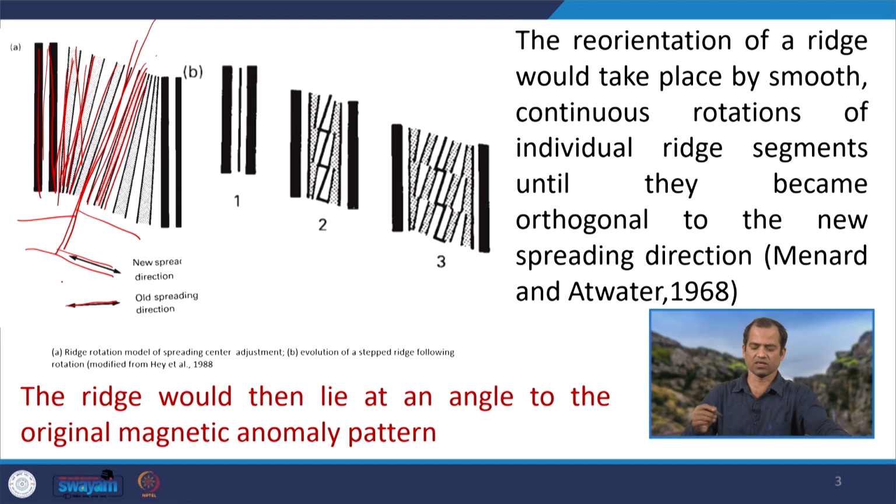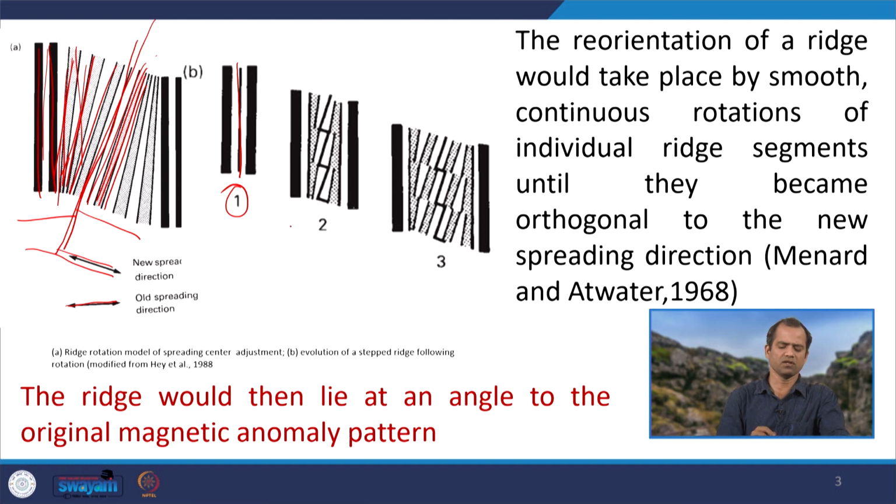So, now if you see here, the reorientation of a ridge would take place by smooth continuous rotation of the individual ridge segments until they become orthogonal to the new spreading directions. For example, suppose in case 1 this is the orientation of this mid-oceanic ridge.